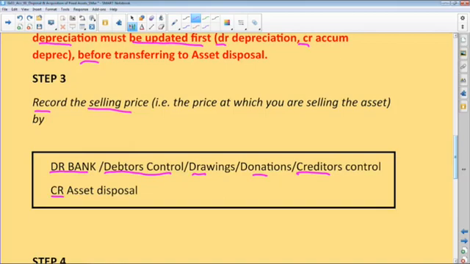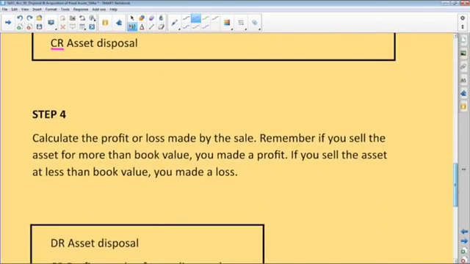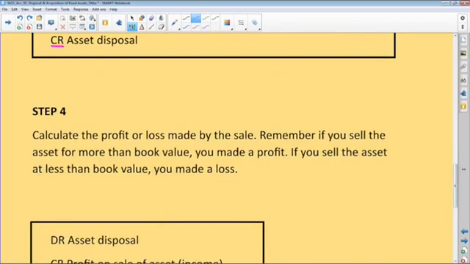Okay, right, the final step, guys. Step number 4, it's now time to calculate whether you made a profit or a loss on the sale of the asset. So I spoke about profit and loss already and how to do the calculation. So let's quickly look at the journal entry.